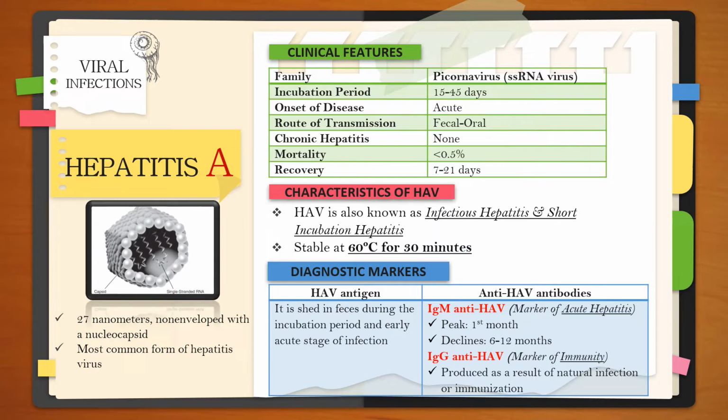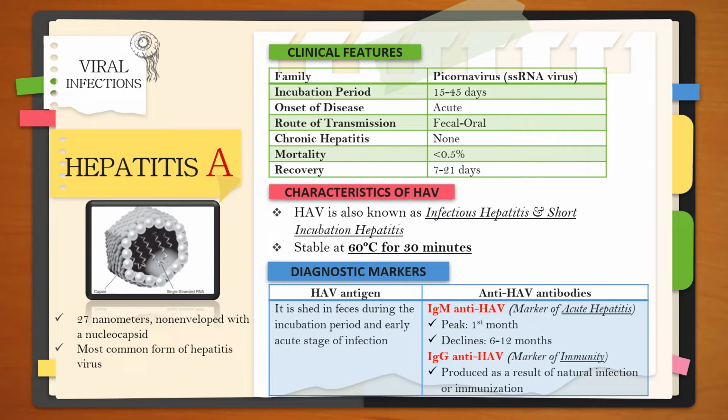HAV antigen is not actually a clinically useful indicator since the virus appears in the stool prior to the appearance of symptoms, and the serologic tests, class, for antibodies to HAV are more definitive in establishing diagnosis of HAV infection.